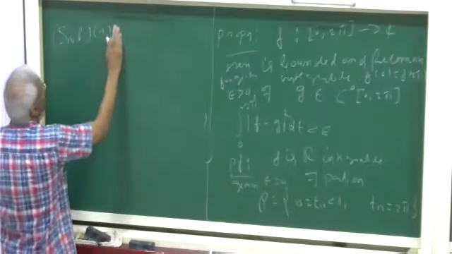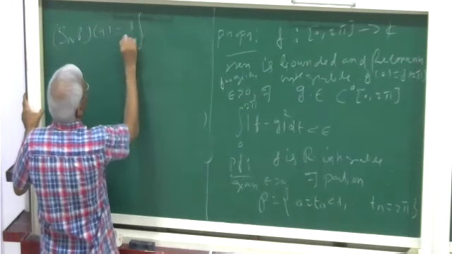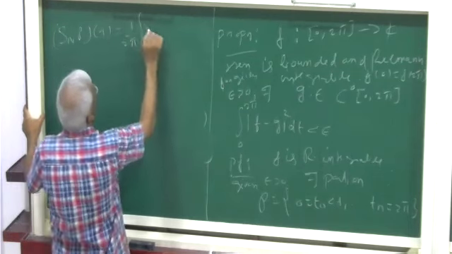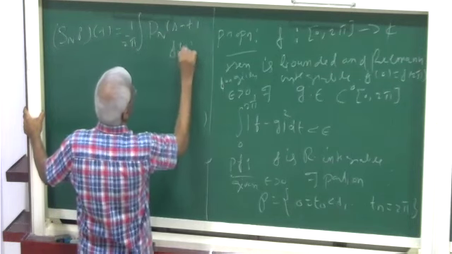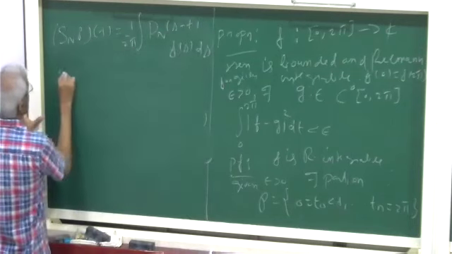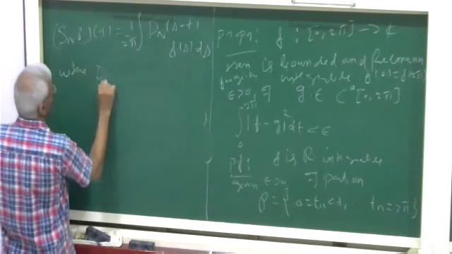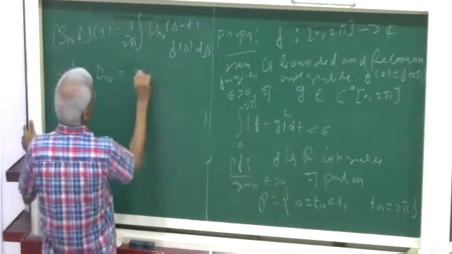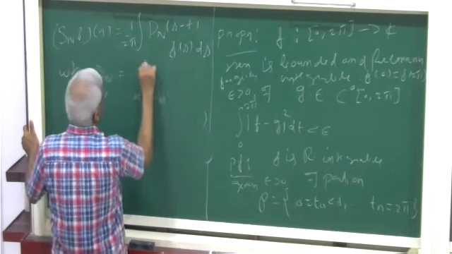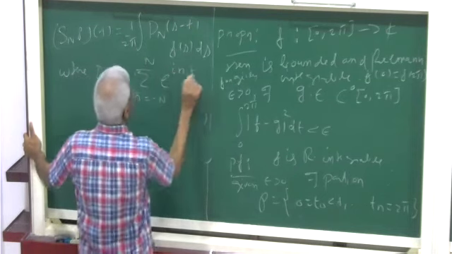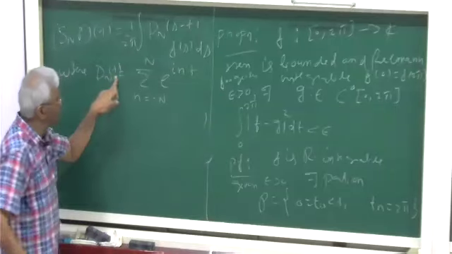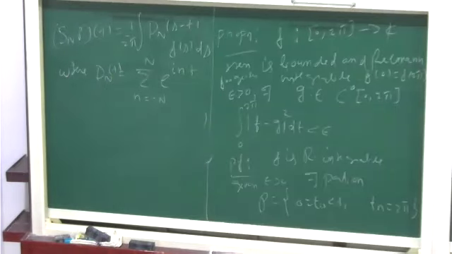Because of that, this is equal to 1 by 2π integral of f of x, where you may use some other variable if you want.